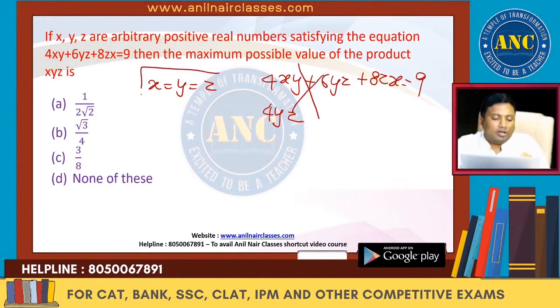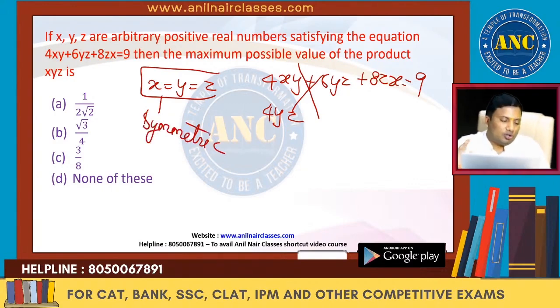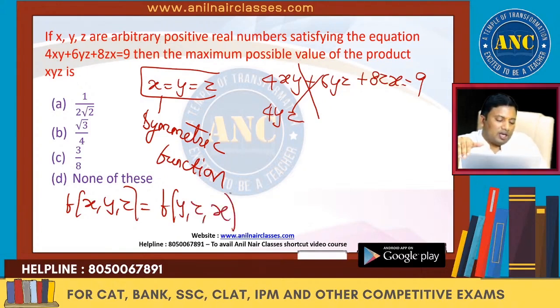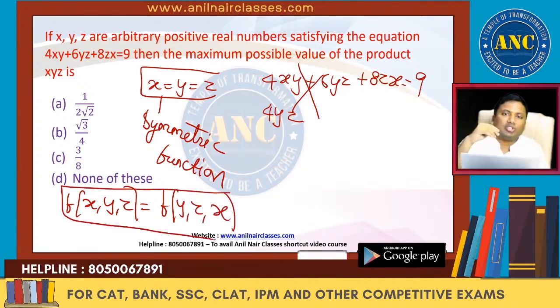Please write down: do not assume this function to be a symmetric function. A symmetric function is a function where f of x comma y comma z is equivalent to f of y comma z comma x. The equation should not change, right?